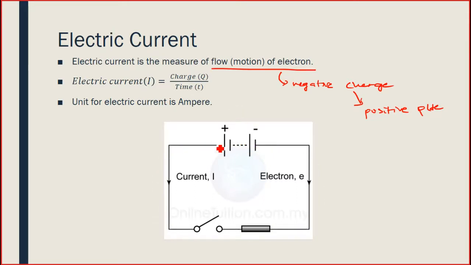So in this diagram, this is the current that we used to draw, going from positive to negative, but this one is actually the electron path. The path of the actual electron is inverted to the current.